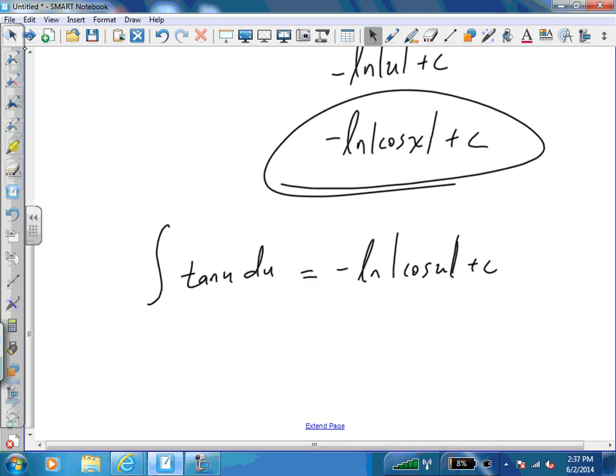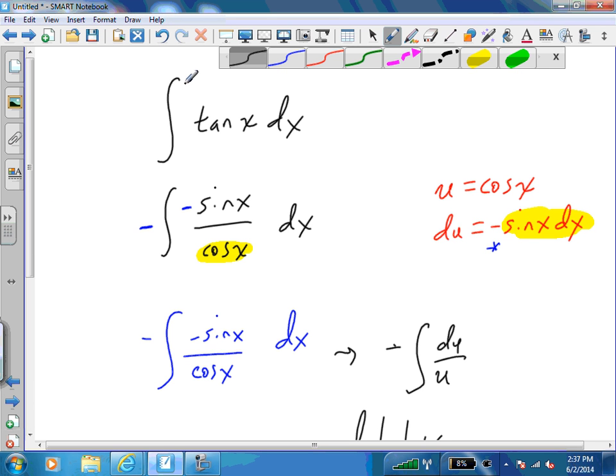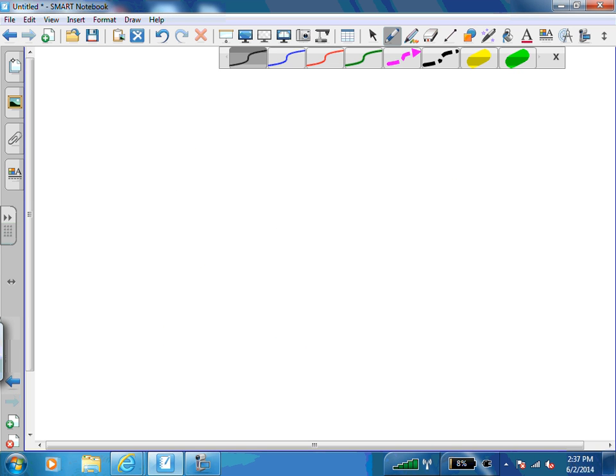All right, let's do a definite integral. Remember when we did integrals that didn't have numbers here or here, we called those indefinite integrals, which were just antiderivatives. But when we have numbers there, we called those definite integrals.